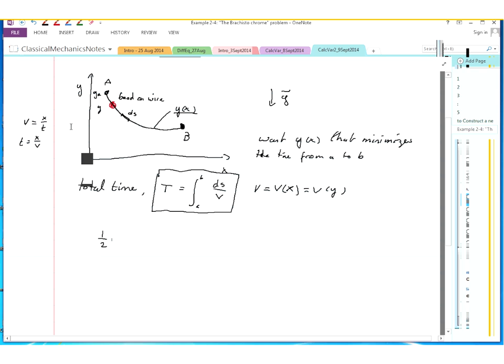So the kinetic energy, if the bead starts at rest, is a half mv squared, and that's equal to mg times ya minus y. Right? That's just conservation of energy.